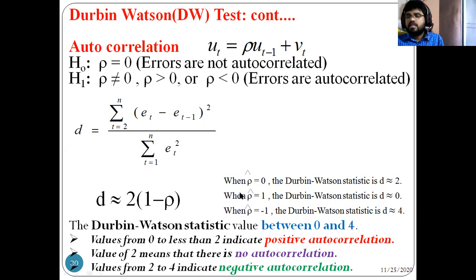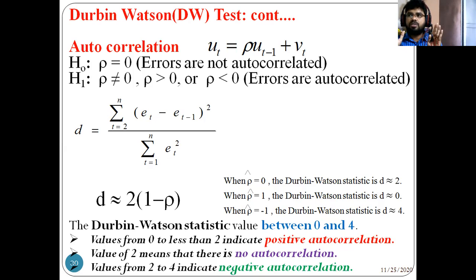So simply, when the estimated rho is equal to 0, D is equal to 2. It means the present year error does not depend on its previous year. When the D statistic value is 2, there is no autocorrelation in your problem.